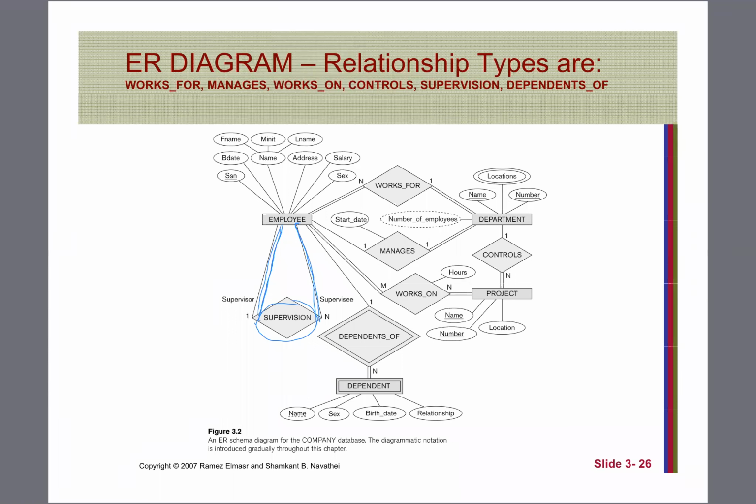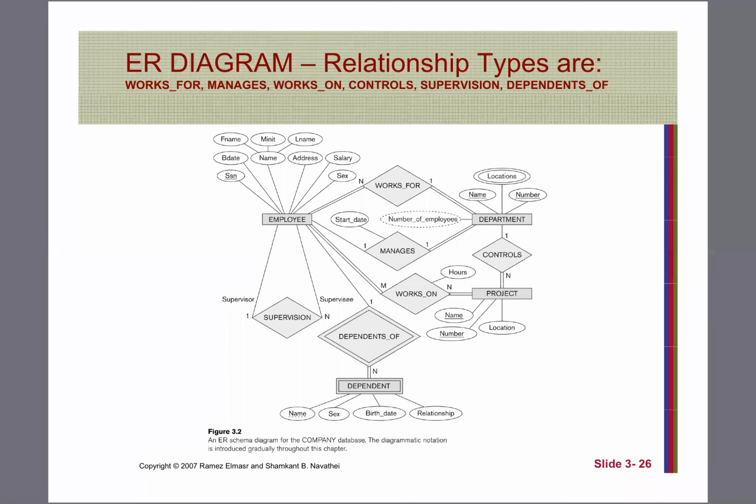So the relationship supervision is between the same entity on both sides. Some of the employees from the same entity are supervisees and the others are supervisors. This type of relationship is known as a recursive relationship, wherein the same entity is called with the help of that particular relationship. So the relationship is built between the same entity. This is what is meant by the recursive relationship.